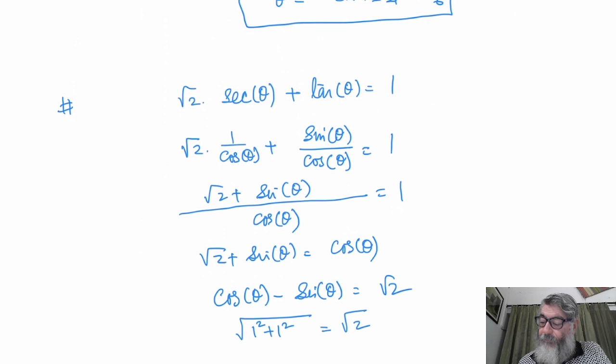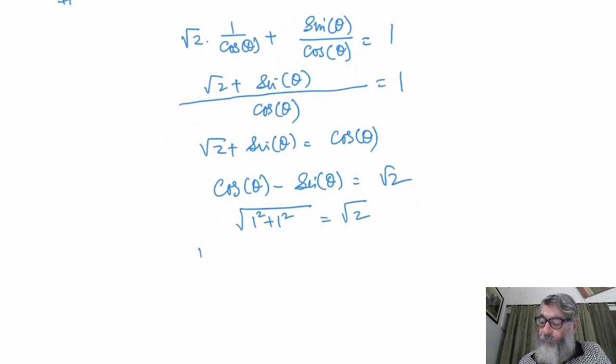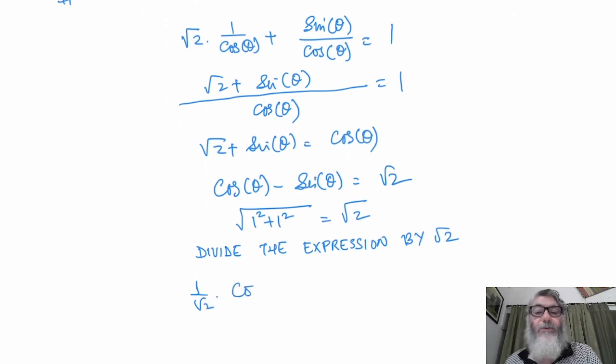Divide the expression by root 2. That is 1 by root 2 cos theta minus 1 upon root 2 sine theta is equal to 1, because root 2 divided by root 2 will give you 1.